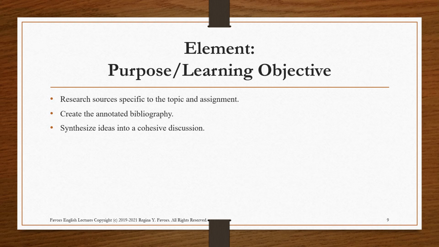So then the learning objectives would be to research sources specific to the topic and assignment, so the topic of you, of course, create the annotated bibliography, and then synthesize ideas into a cohesive discussion. So, you know, when you write the annotated bibliography, it shouldn't look completely different. One source shouldn't look completely different from all the other sources.